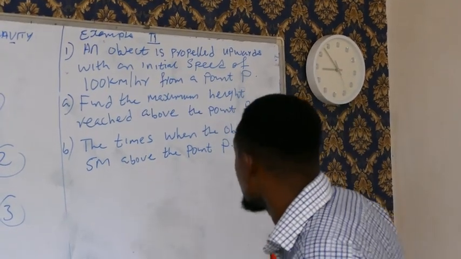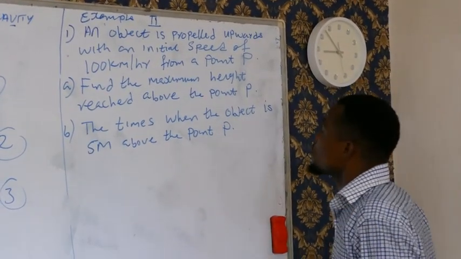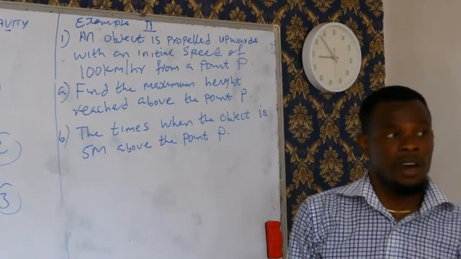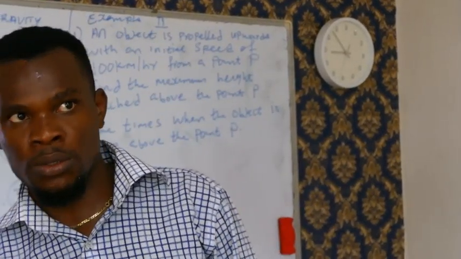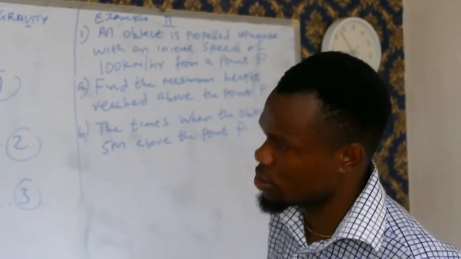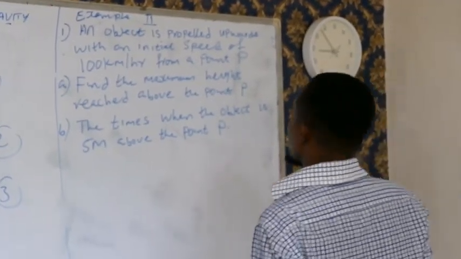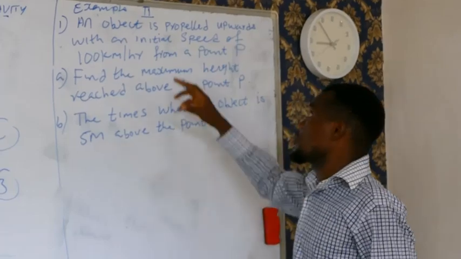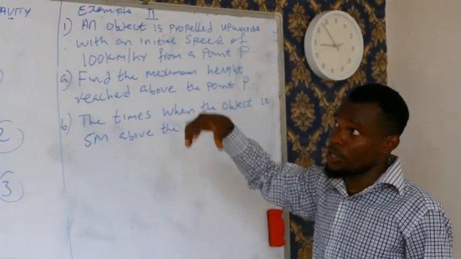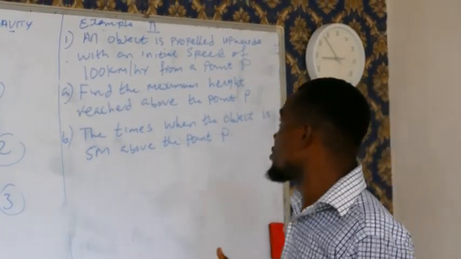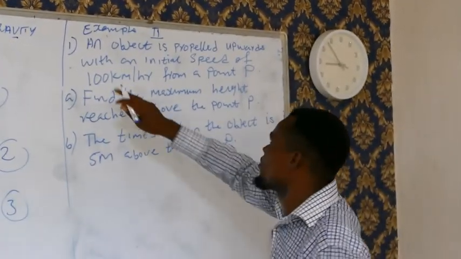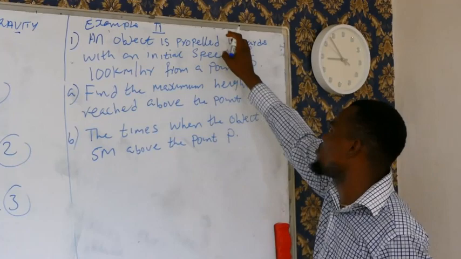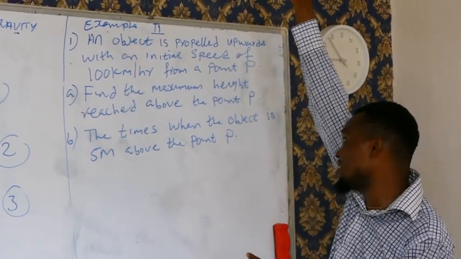Like I told you earlier on, you need to read the question over and over until you are sure you understood what you are asked to do. Don't rush the question. Make sure you understand what you need to do there. So, if you look at the information provided, an object is propelled upward, that is projected upward.